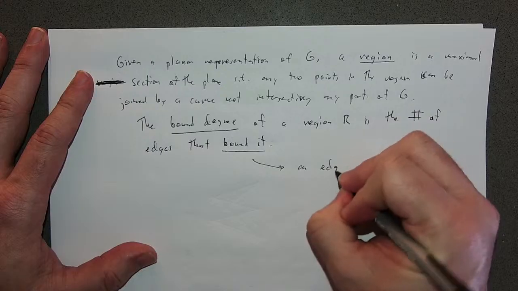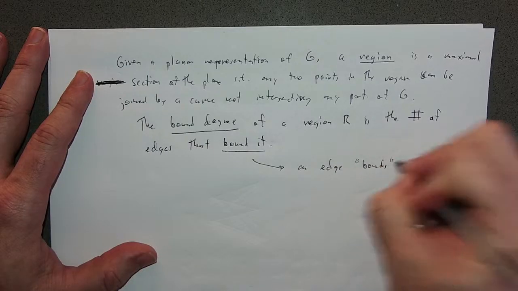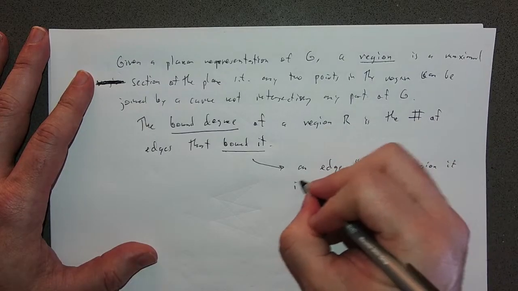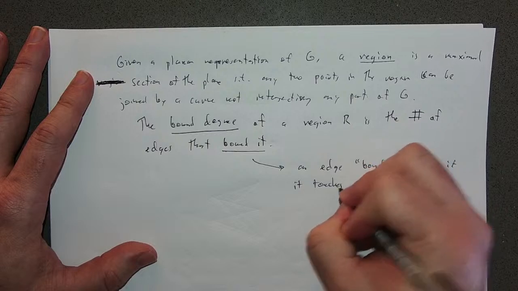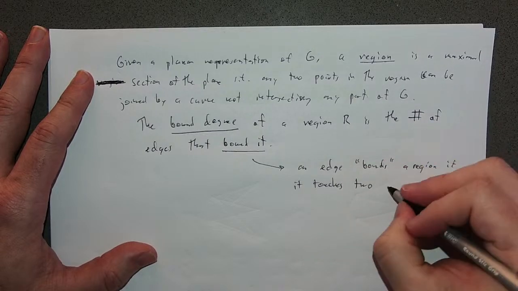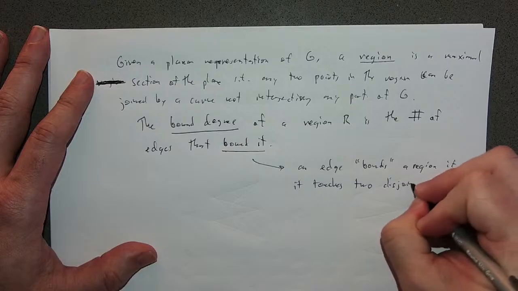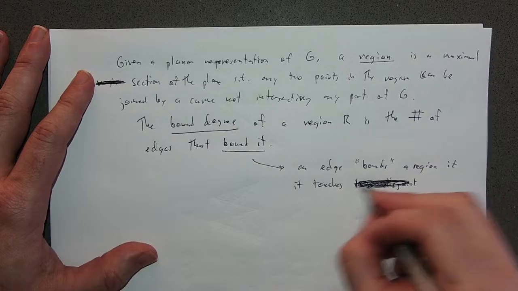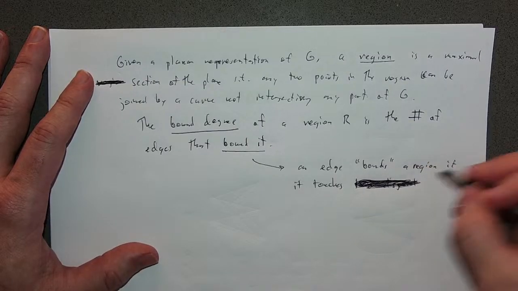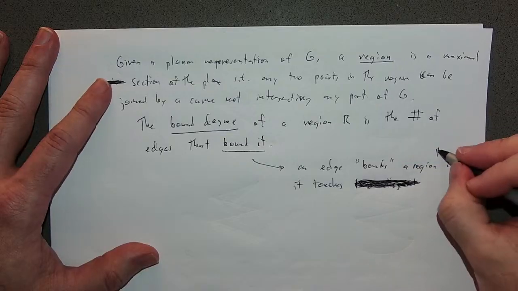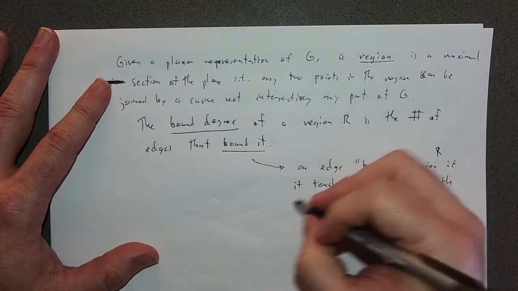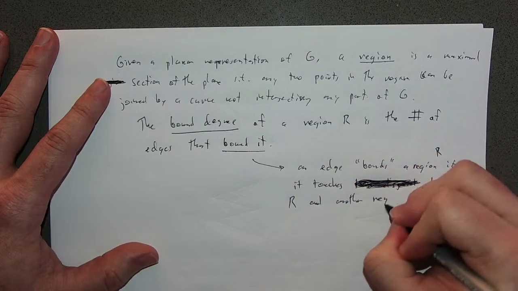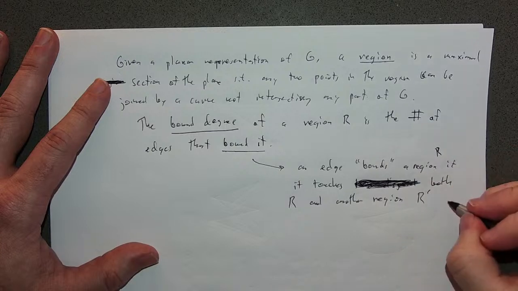We'll say an edge bounds a region R if it touches both R and another region R prime that is not R.